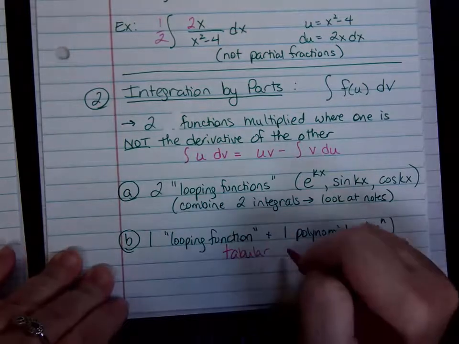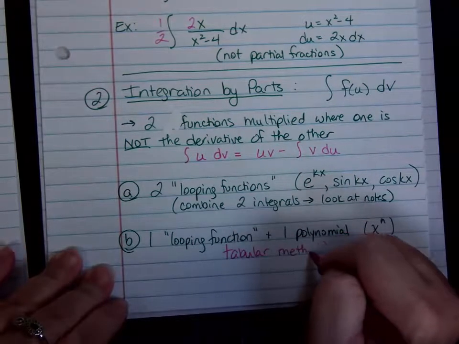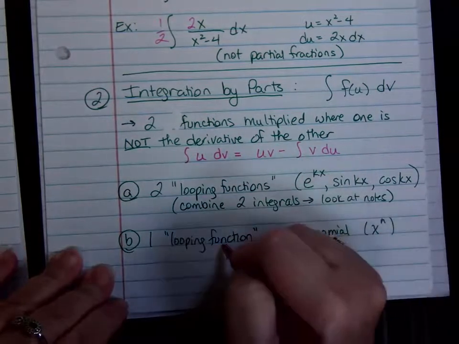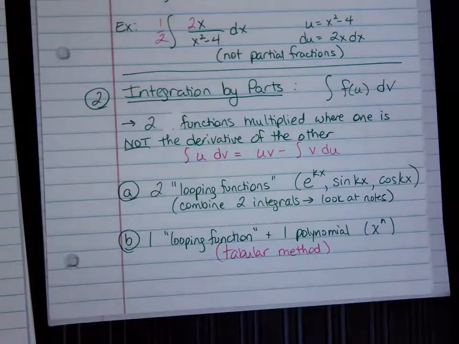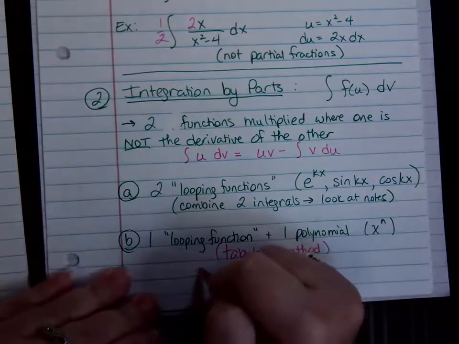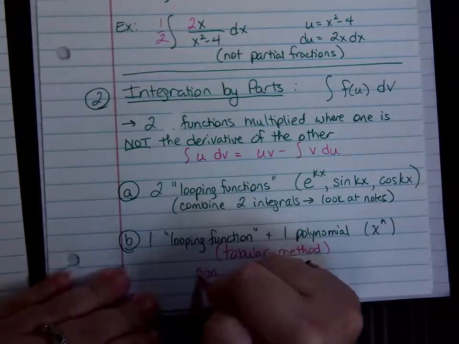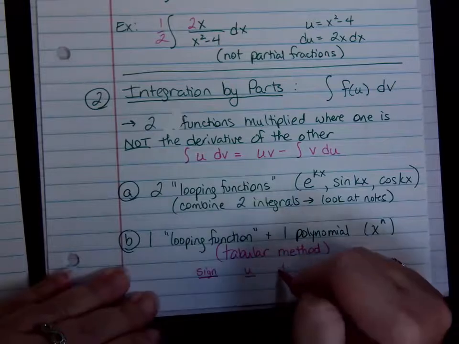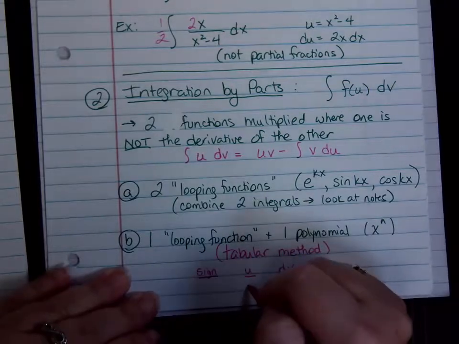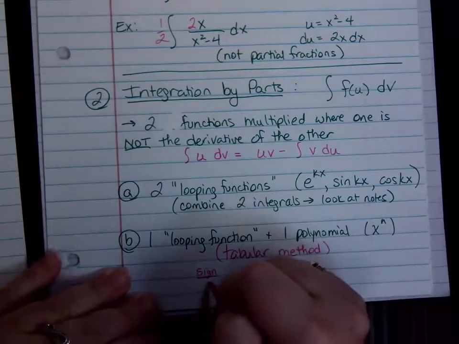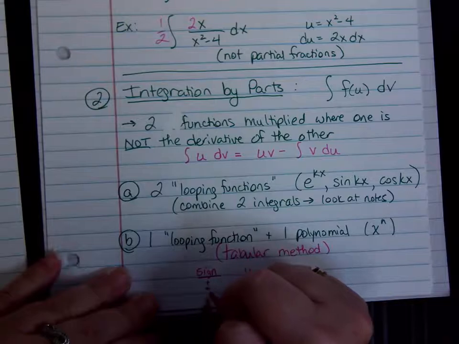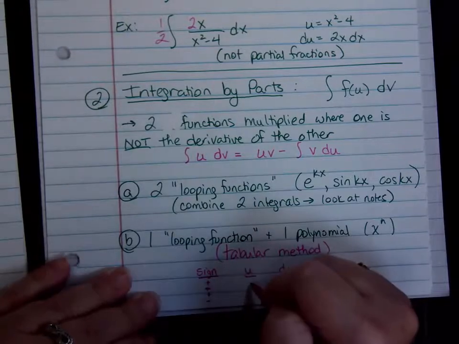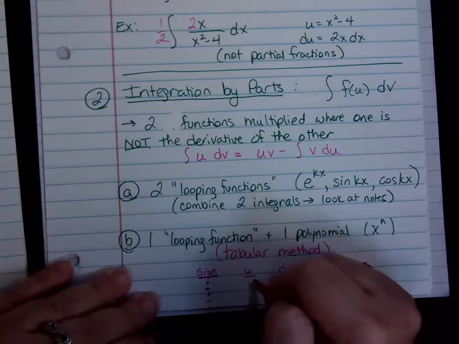The tabular method. And remember that the columns are sign, u, and dv. The signs go plus, minus, plus, minus. The x to the n goes under the u.